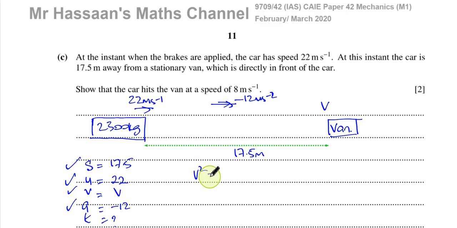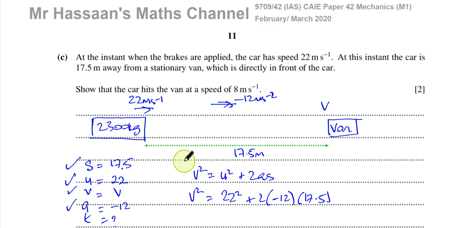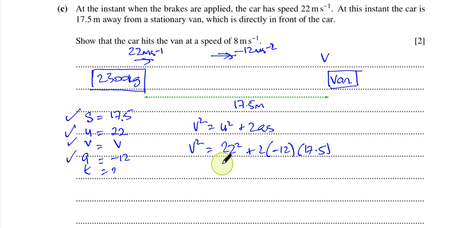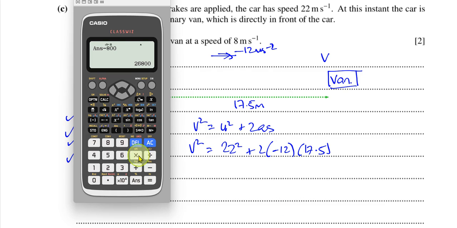So we're going to use v squared equals u squared plus 2as, found on the formula sheet. So v, as we said, is what we have to find. So v squared equals u squared, so u is 22, so that's 22 squared plus 2 times a, which is negative 12, times s, which is 17.5 meters. Okay, so now we can work out what this is, and hopefully it will give us the answer that we need.